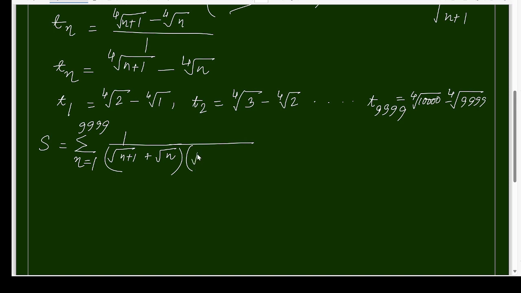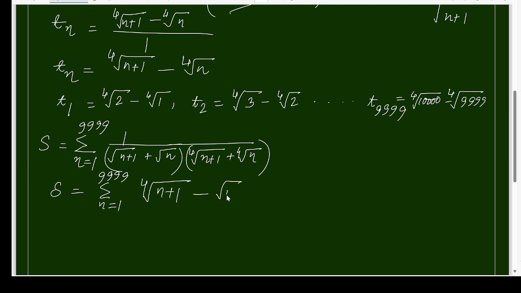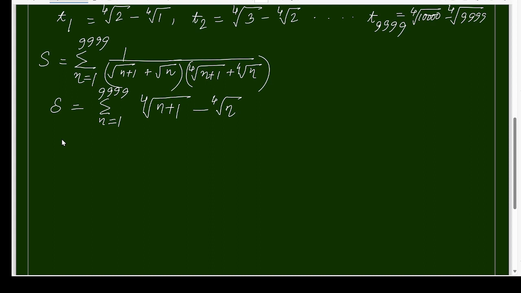So it has become the sum from n equal to 1 to 9999 of fourth root of n plus 1 minus fourth root of n. Putting the values, I'll get S equal to fourth root of 2 minus fourth root of 1, again plus fourth root of 3 minus fourth root of 2.